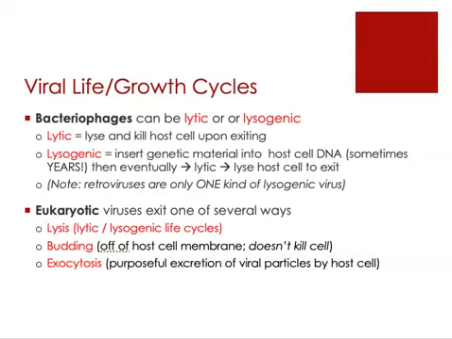The thing about the lysogenic type of cycle, again, with HIV as a good example, is that eventually, that viral genetic material will come back out of the host's DNA and it will go into the lytic cycle and eventually leave the host cell. So, those are the two basic life cycles that we see in bacteriophages. And remember, when we talk about lysogenic viruses, the retroviruses are only one of the lysogenic viruses.